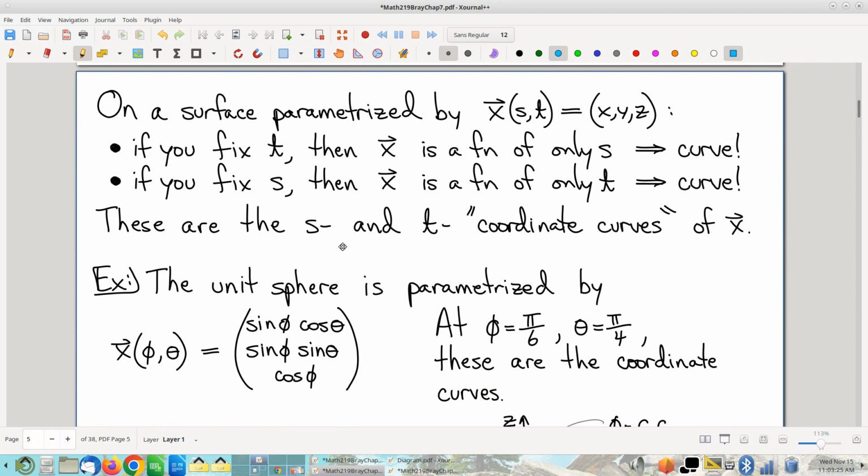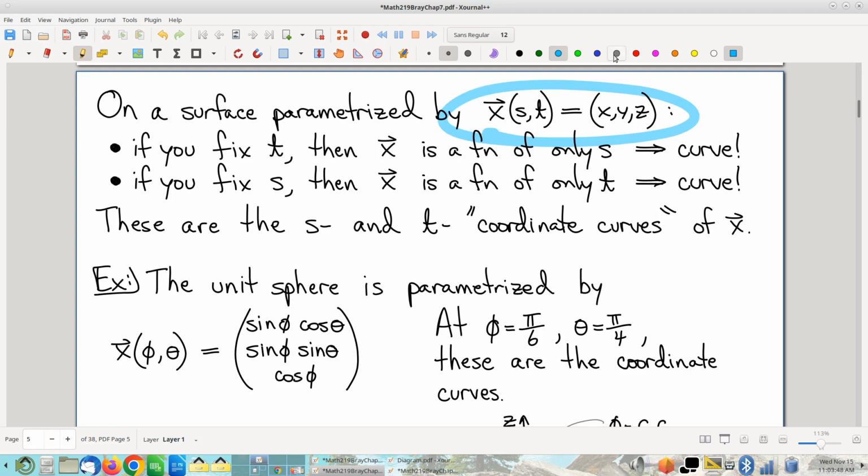Okay, so I'm going to make a couple of observations about parameterizations. We're going to go down a couple of rows here, see what happens. Here's a parameterization. Position as a function of two variables.